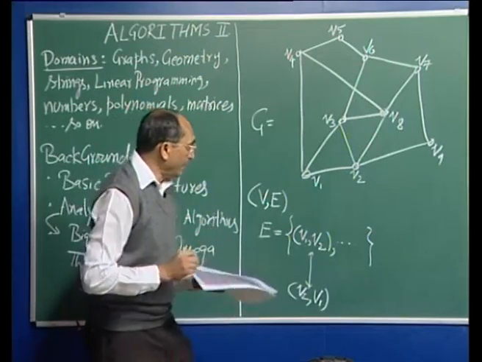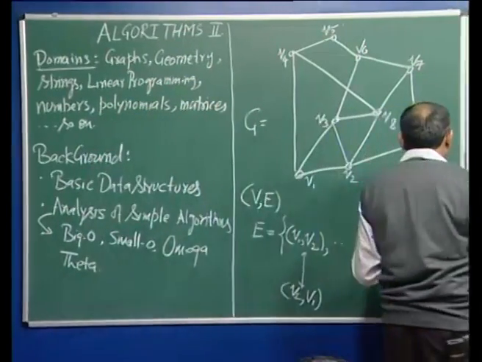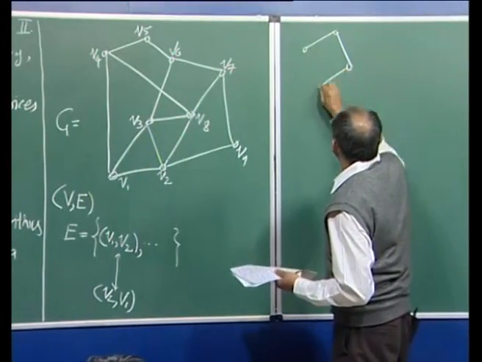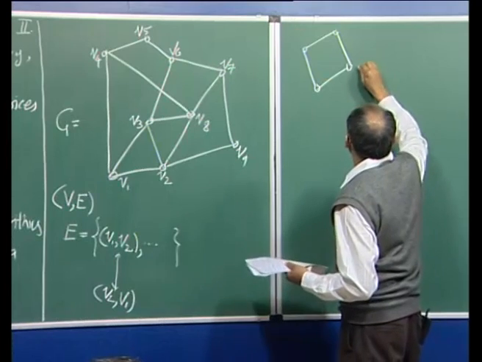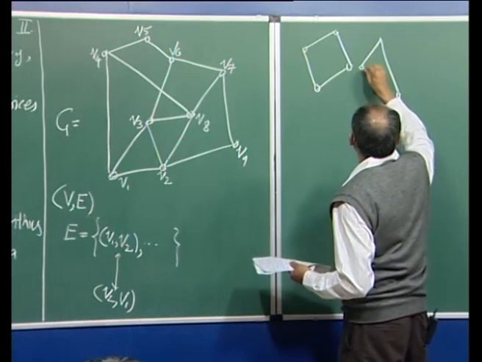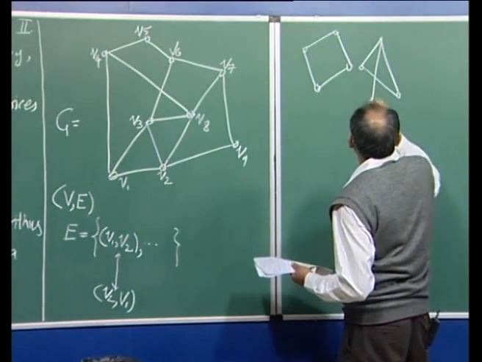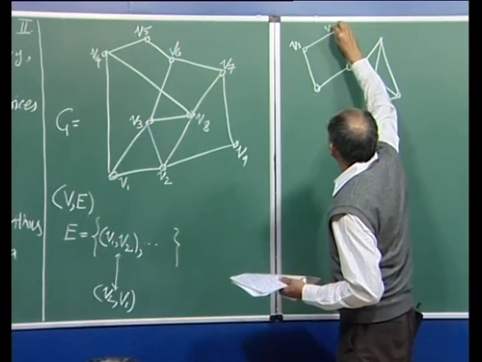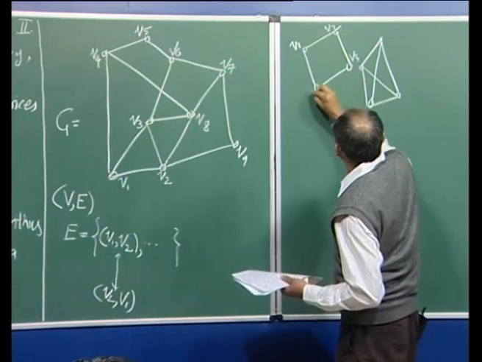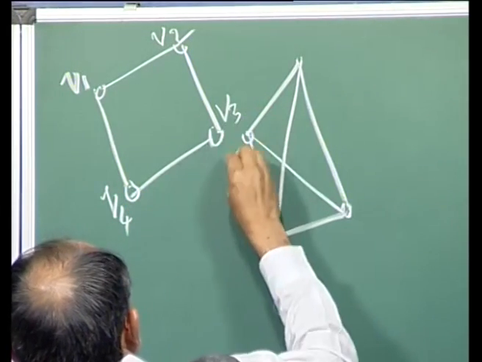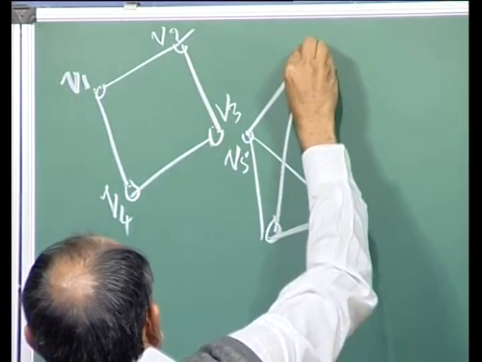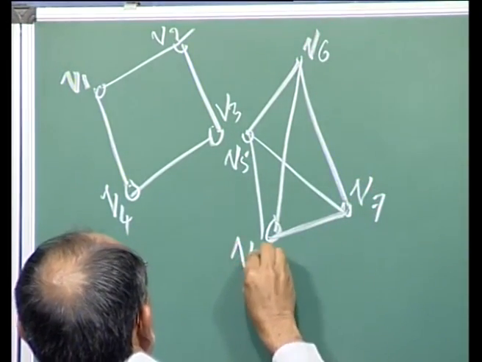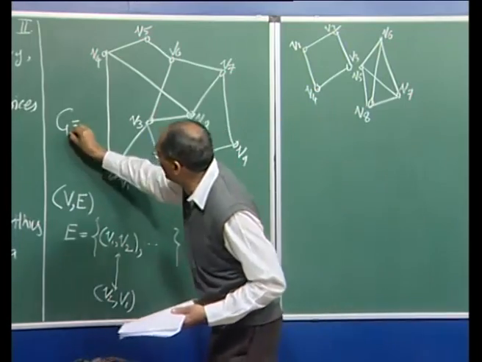Let us look at another graph, with vertices V1 through V8. Let us call this G1.